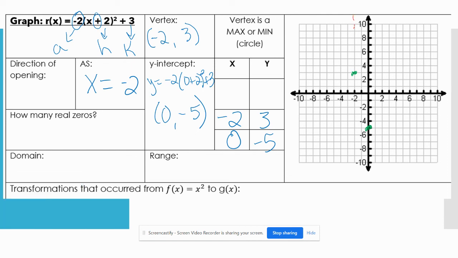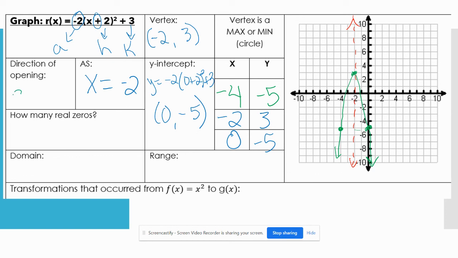I'm going to draw in my axis of symmetry. This y-intercept is 2 to the right of my axis of symmetry. So 2 to the left is another point, and that's at -4, -5. And now I can draw my parabola.